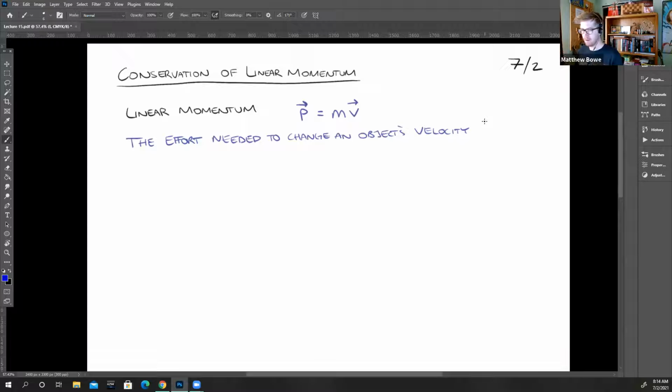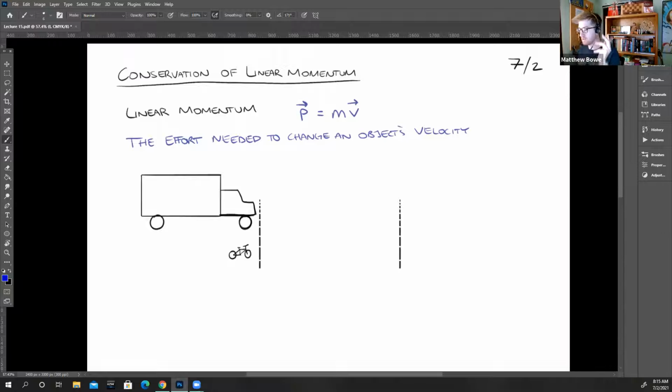Let me sort of emphasize this with a little example before we get into the actual technical examples. Say we have a truck, some sort of moving truck, and a bike. These two objects are going to have a little race. They're not going to be going far. This is not like a cross country thing.